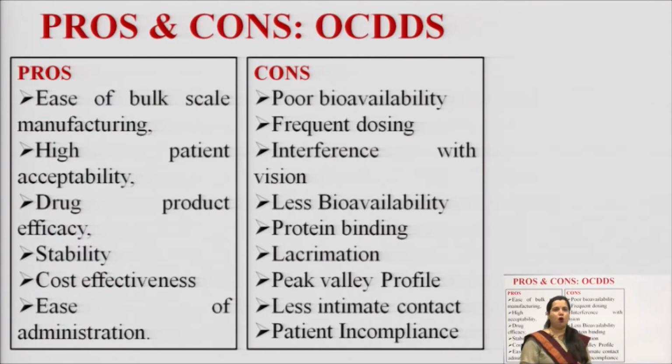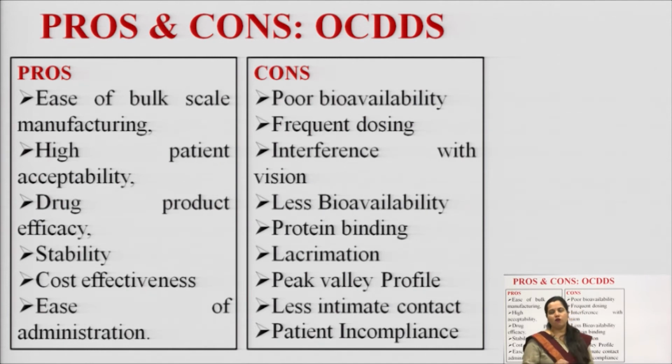Now, pros and cons. What are the advantages of making these ocular drug delivery systems in a controlled manner, and what are the disadvantages? So, ease of bulk scale manufacturing, this is the advantage, that we can make at large scale. High patient acceptability, drug product efficacy, stability, cost effectiveness and ease of administration.